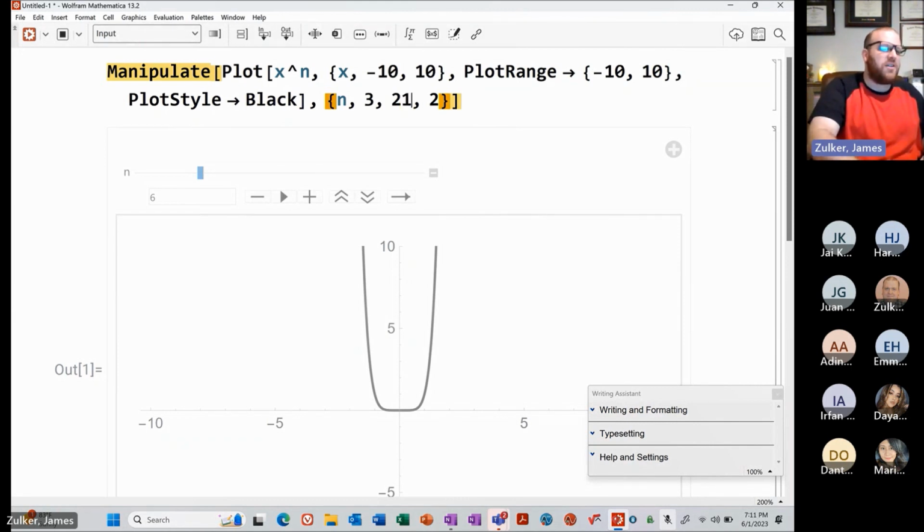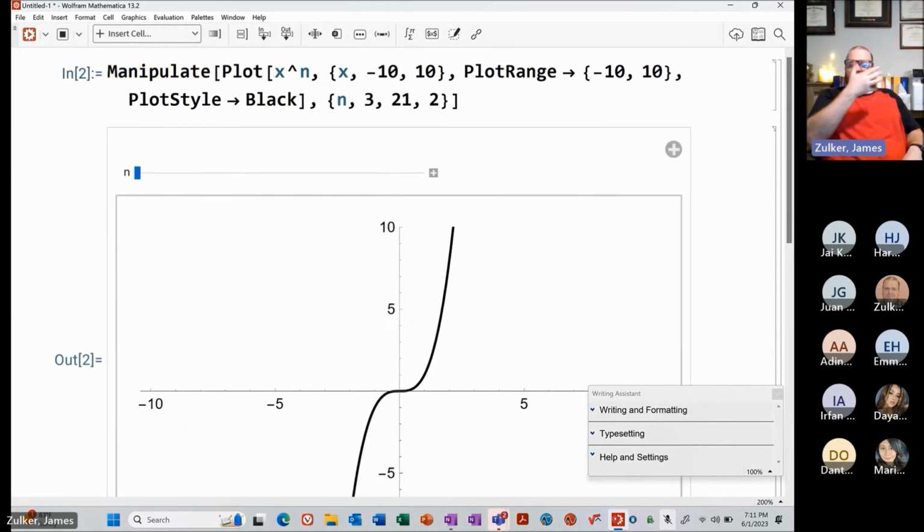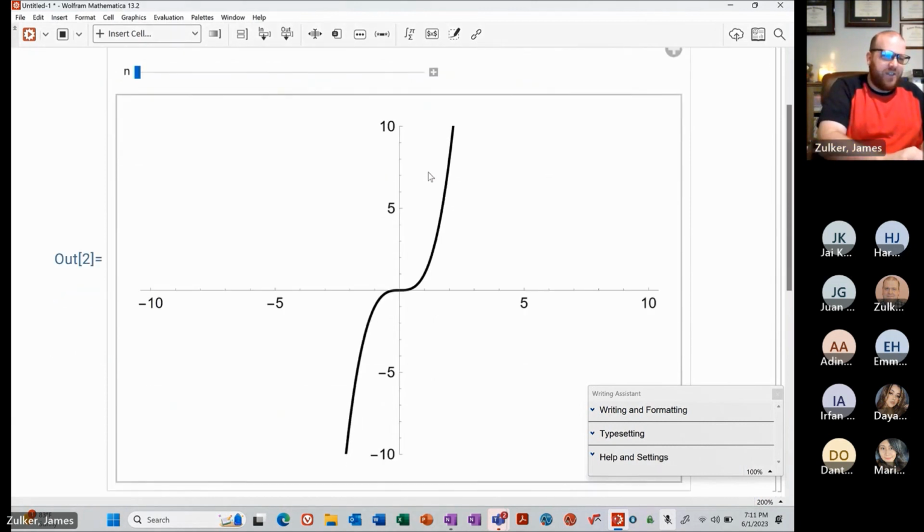Go to 321. So I'm going to do the same thing, except I'm going to look at the odd powers now. And again, you're going to see it's going to maintain the same general shape. All that's going to change is this begins to flatten out.